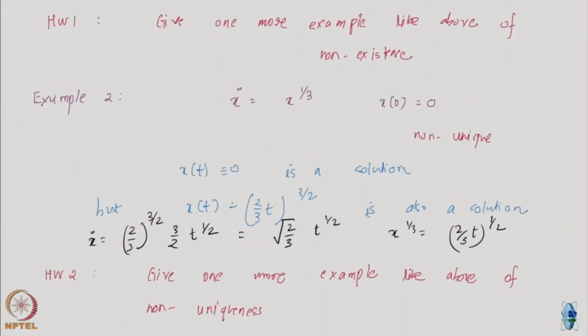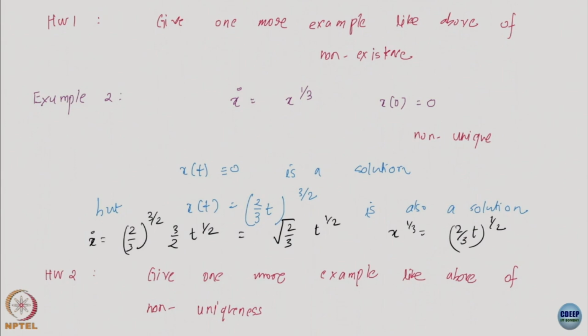Example of non-uniqueness, I just flipped it, so it was x cubed, I made it x to the one third. So, this is an example of a non-unique solution, and I give you an initial condition at 0 time as x0 equal to 0. One thing should be obvious to you, that x remaining at 0 for all time is a solution.